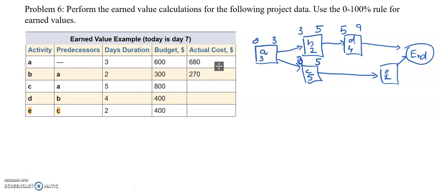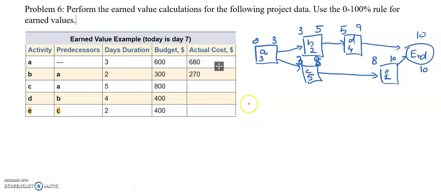Zero to 3, so this will be 3 and 8, and then this will be 8 and 10. So therefore ACE is the critical path. So we have this schedule.